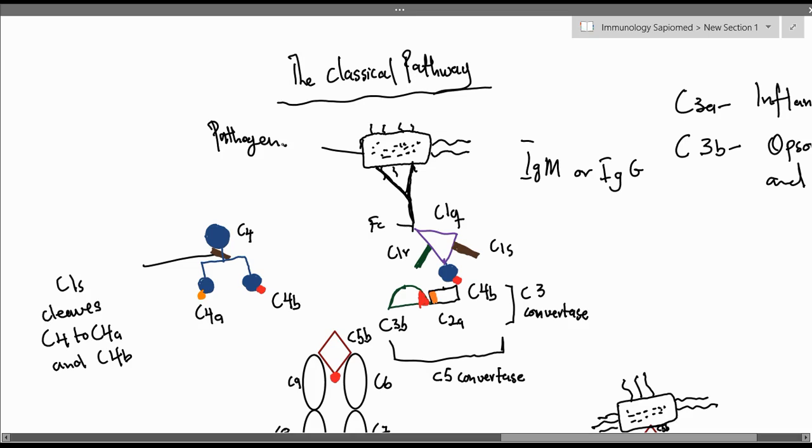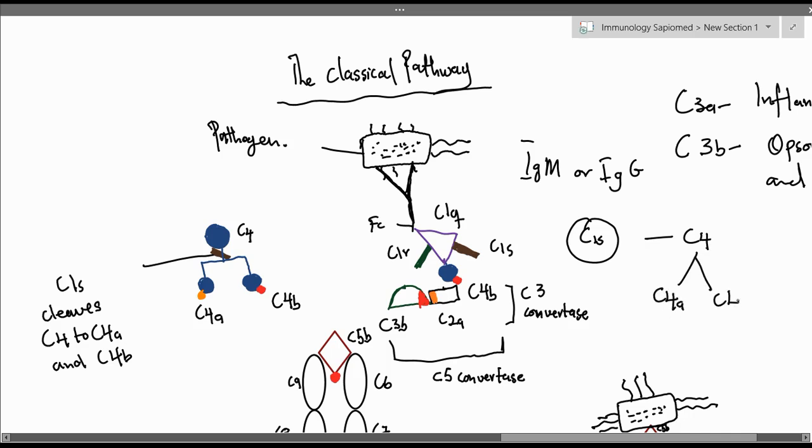Okay. So this is what happens next. Remember that C1 is a C1 complex, and I already said that the complement proteins are circulating in the bloodstream. So the C1s in the C1 complex cleaves C4 into C4A and C4B.